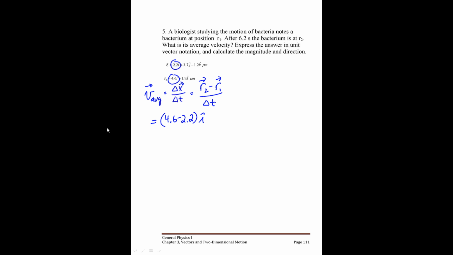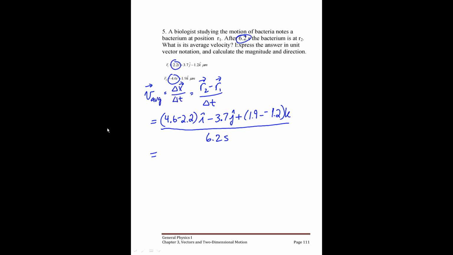Minus 3.7j. There was no term in the R2 in the j, so it was 0j minus 3.7j, which is just negative 3.7j, plus 1.9 minus a negative 1.2k. And then that's divided all by our change in time, which is 6.2 seconds, which is given right here.